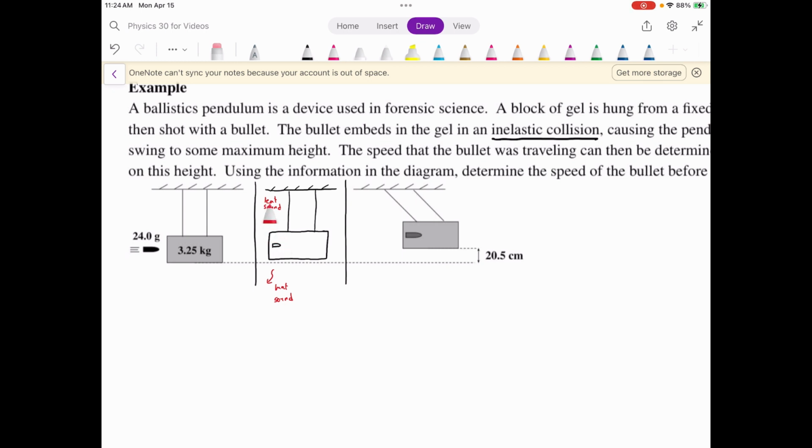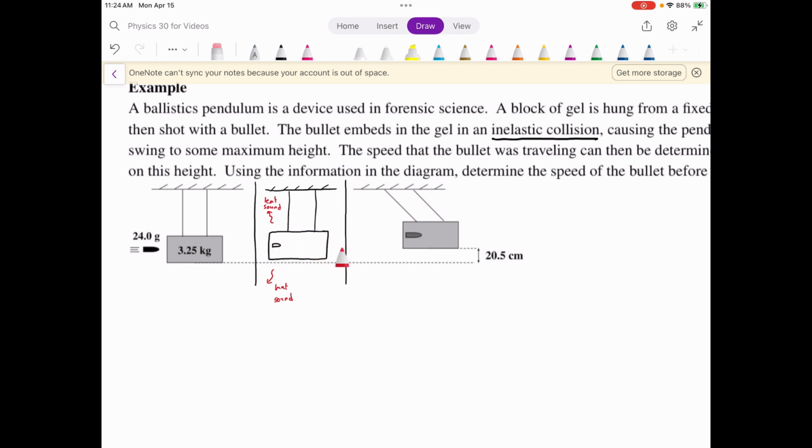The heat has been released, the sound has been given off, the mechanical energy that was going to leave the system has now left, and what's left over will become the kinetic energy as the pendulum-bullet system starts to swing.